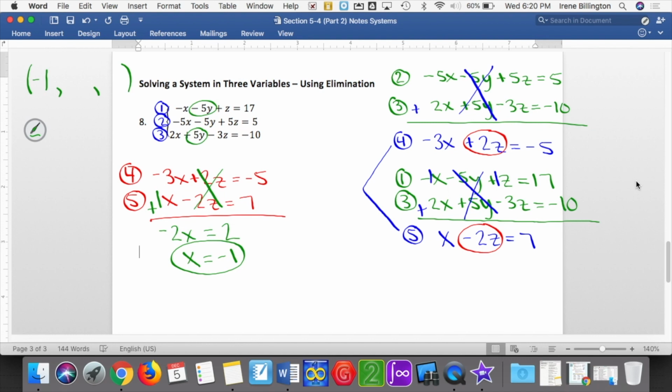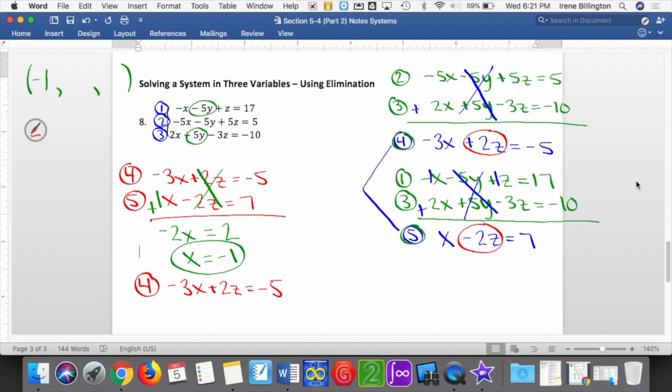Now that we know that x is equal to negative 1, we will figure out what z is equal to. So notice that equations 4 and 5, again, are written in terms of just x and z. So now that I've found one of my values, I am going to substitute it into either equation 4 or 5. It doesn't matter which one you choose. I am going to go with equation 4. So I'm taking equation 4, which was negative 3x plus 2z equals negative 5.